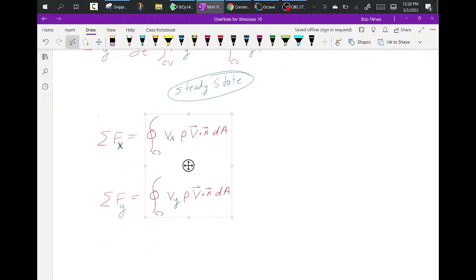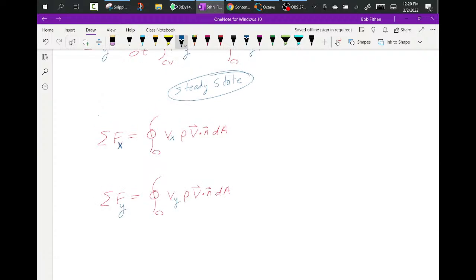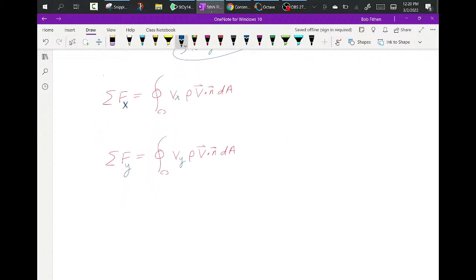Now what's the next thing? The next assumption. Here's the assumption I'm going to make now. Let's take a particular exit, and let's say you had a profile of a velocity that looked kind of like this. When it went up like this, it went fast and it went slow.